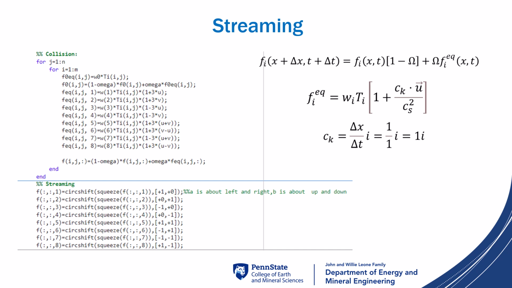For direction 2, which points upward, we shift by 0 in the x direction and +1 in the y direction. We continue for all the other directions, left, down, and all 4 diagonals. Each direction corresponds to a specific shift that mimics how particles move in space. Together, these two steps, collision and streaming, allow us to simulate complex thermal transport using only local updates.